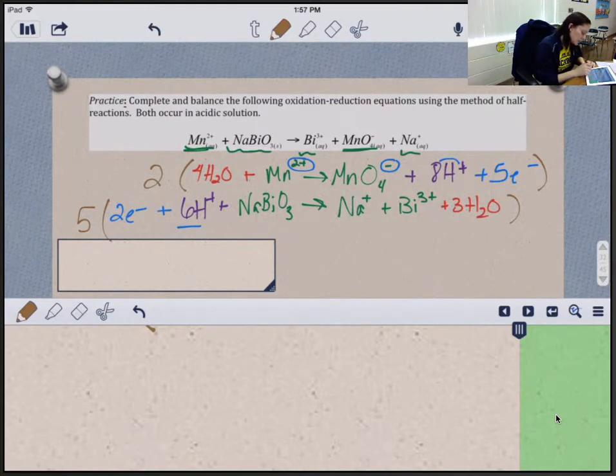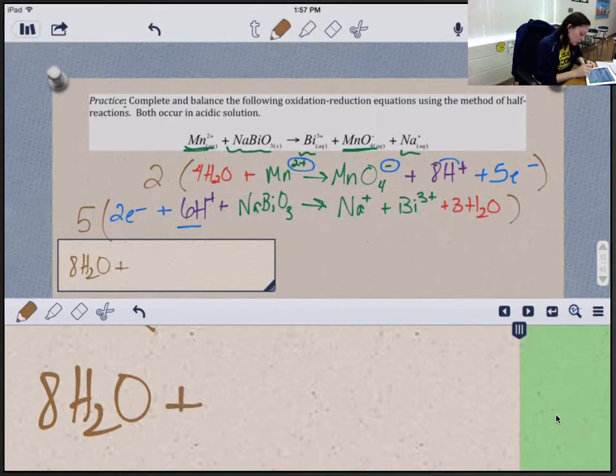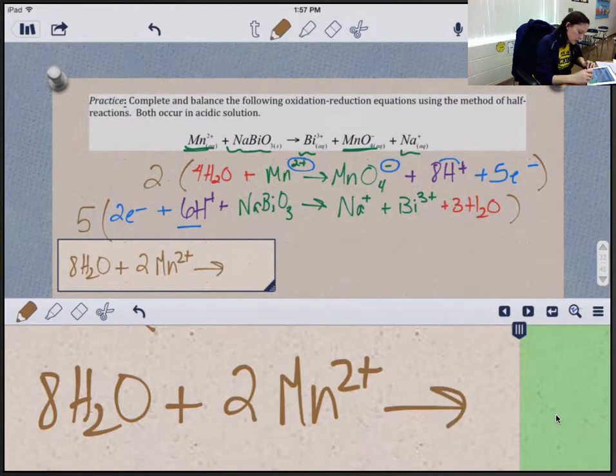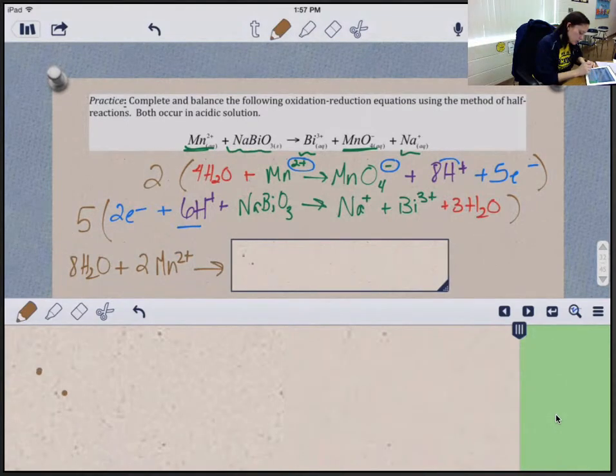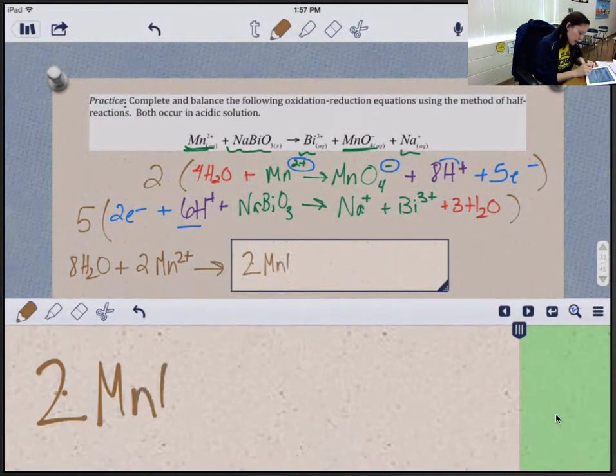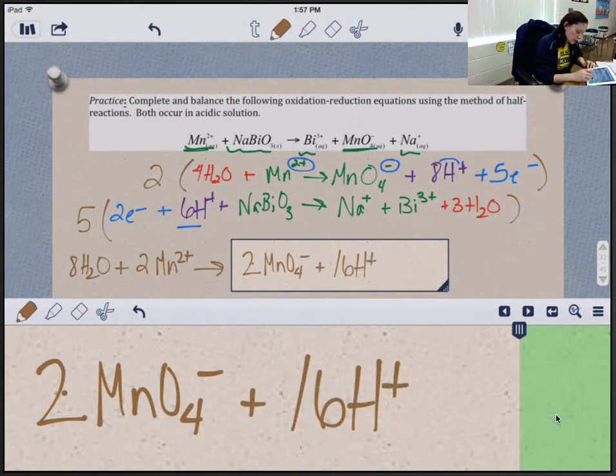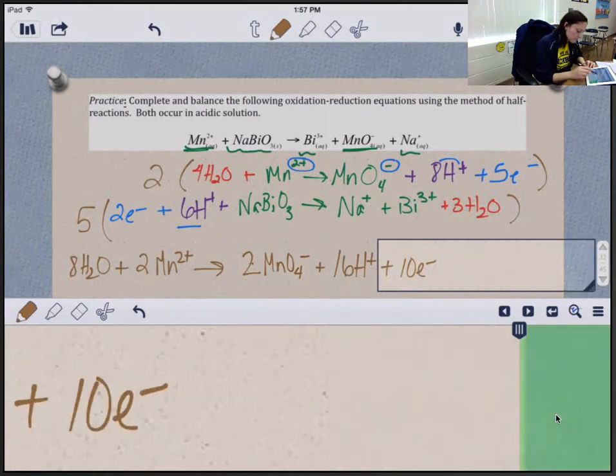So this top equation, I'm going to have 8 waters plus 2 of the Mn2+ going to 2 of the MnO4- plus 16 H+ plus 10 electrons.